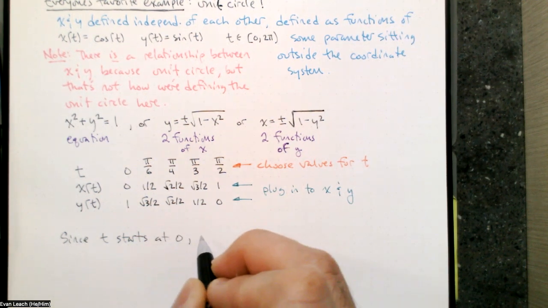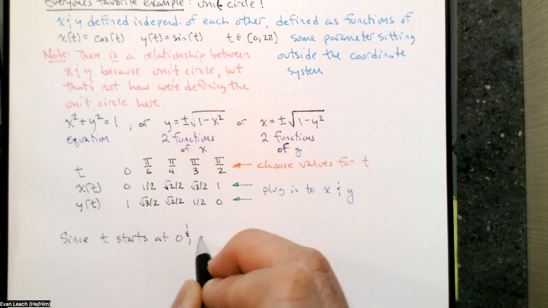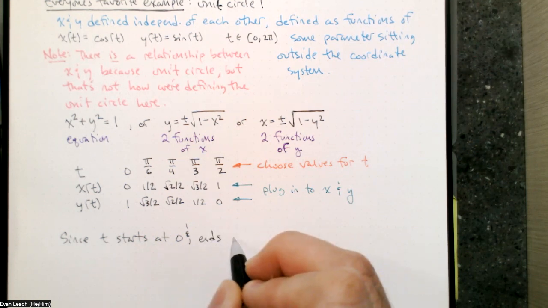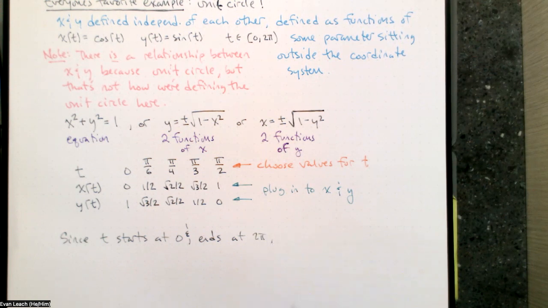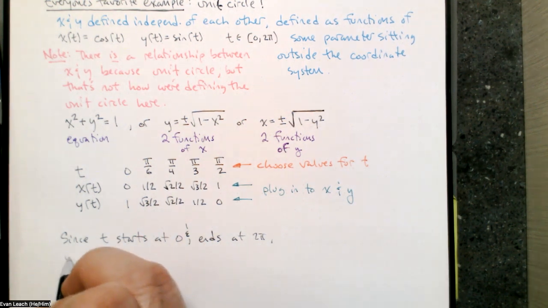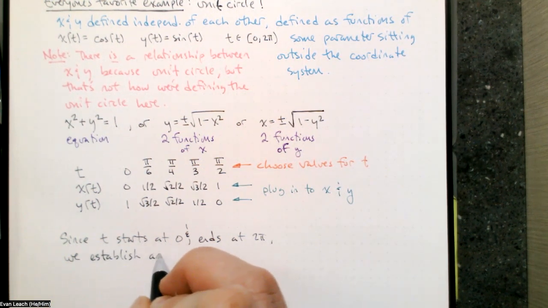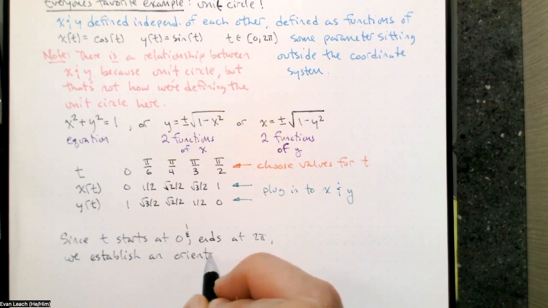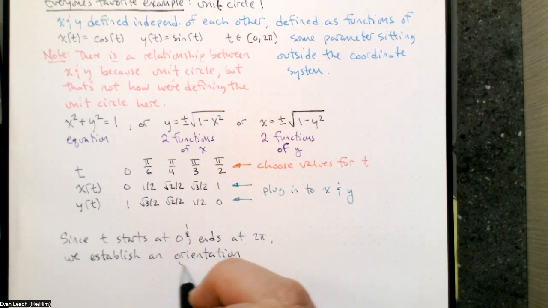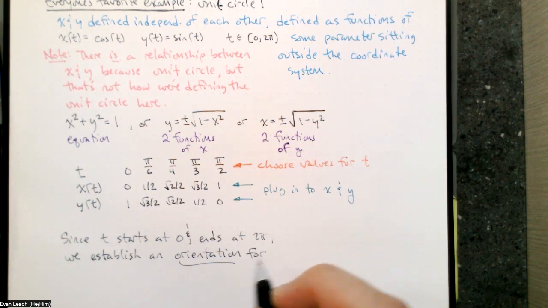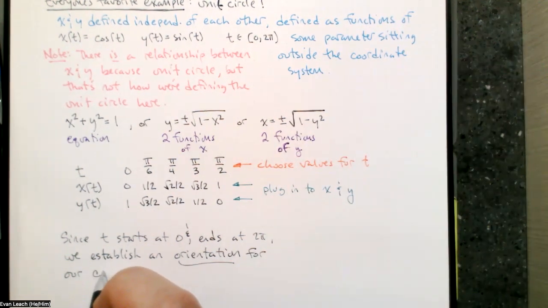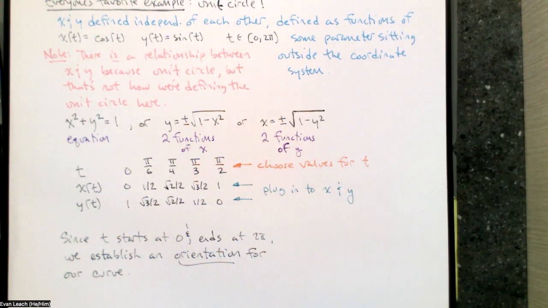Since t starts at 0 and ends at 2 pi, we establish an orientation for the unit circle. We are establishing an orientation for our curve.